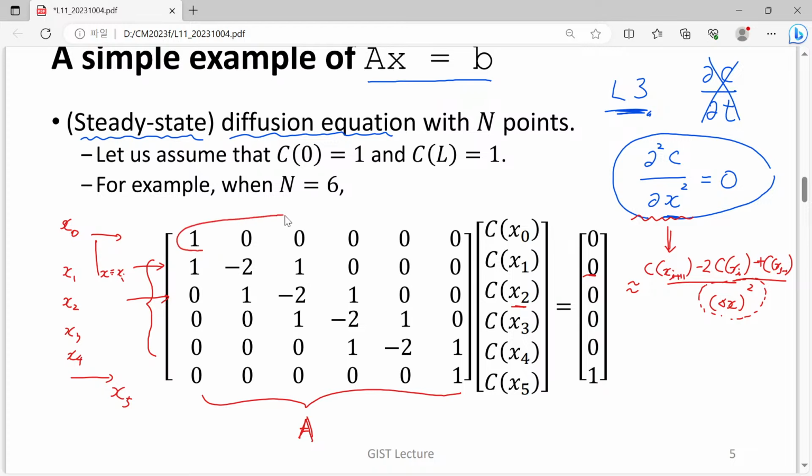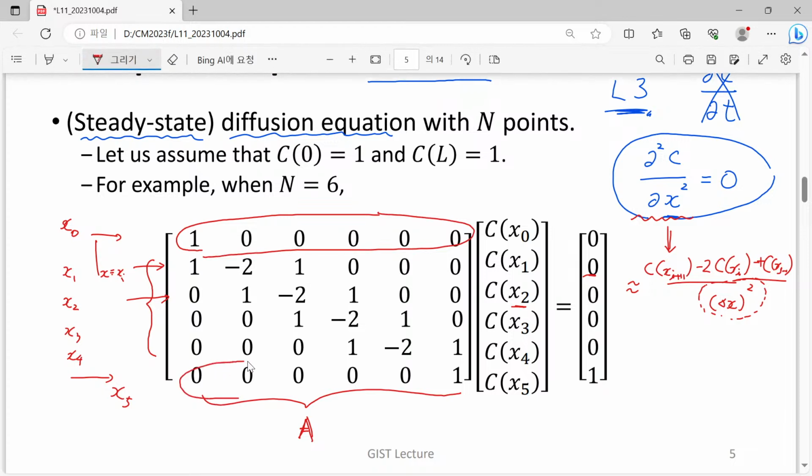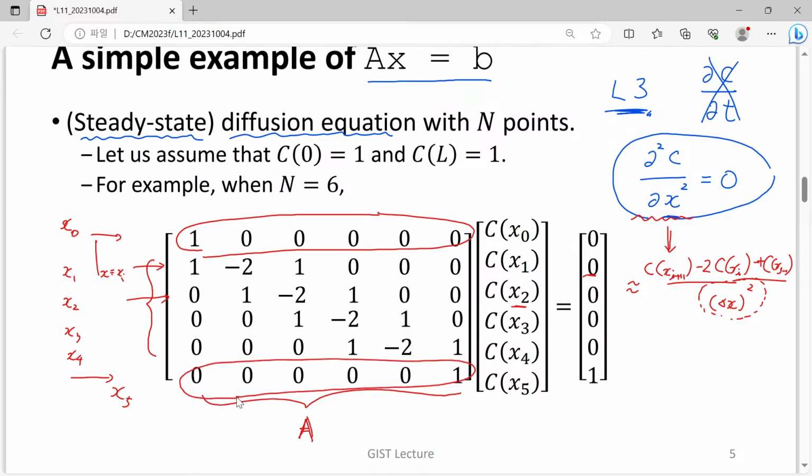When we read this row, we can immediately calculate that C of x0 is equal to 0. Can you follow me? Just evaluate this matrix vector multiplication, then we have C at x0, and that is equal to 0.